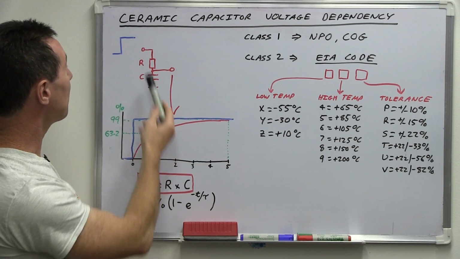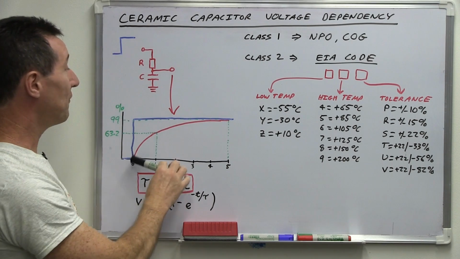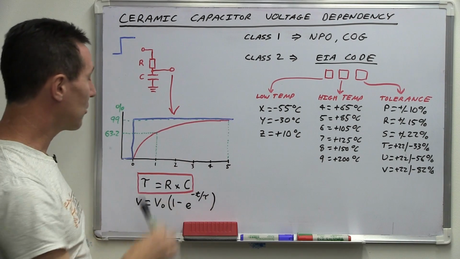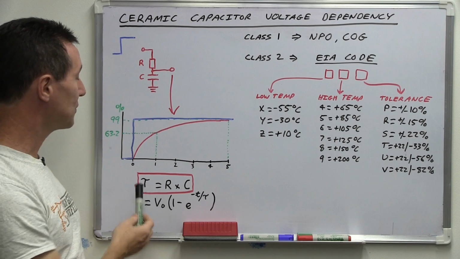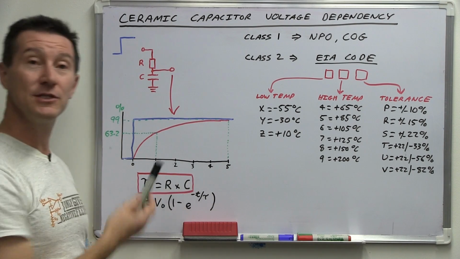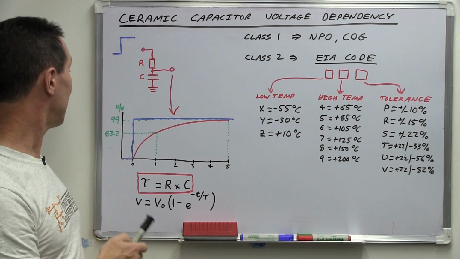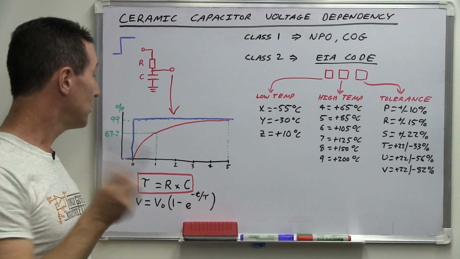Now, if we look at the RC circuit, which I'll use in the example on the bench in a minute, you're familiar with the charging graph, charging response of a capacitor, and time constants. One time constant, or tau as it's known, is the simple formula R times C. And you know, a basic building block formula you should be familiar with.